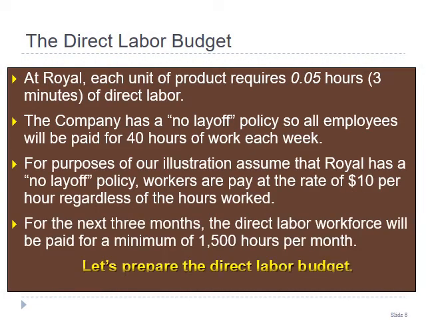Assume that at Royal, each unit of product requires 0.05 hours, or 3 minutes, of direct labor. The company has a no layoff policy, and all employees are paid for 40 hours of work each week.